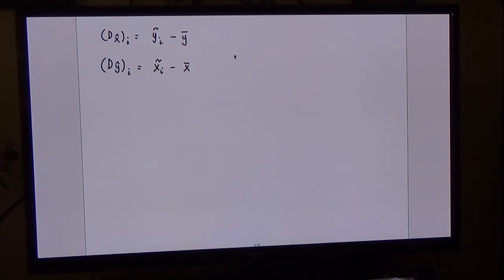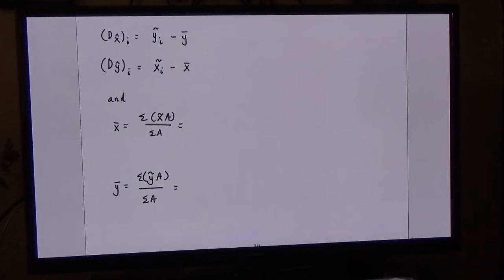So I'll have to go in and actually calculate x bar for the body and y bar for the body, but I know how to do that from the centroid chapter. I just use these equations that we've developed previously.